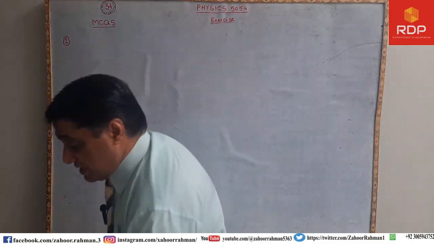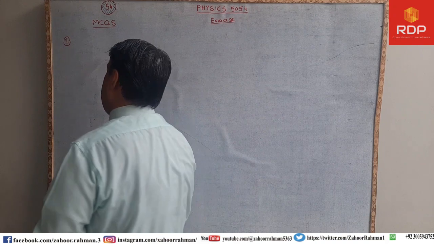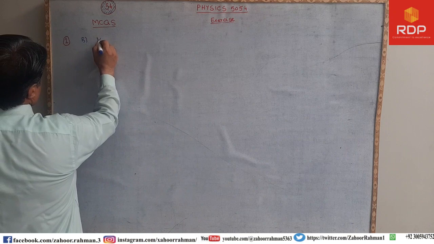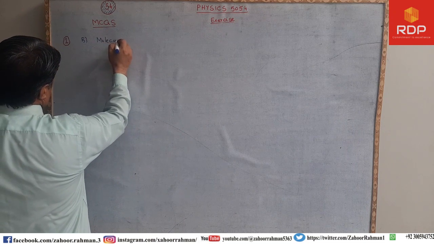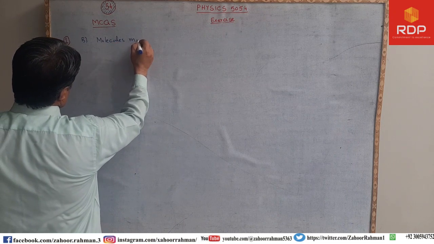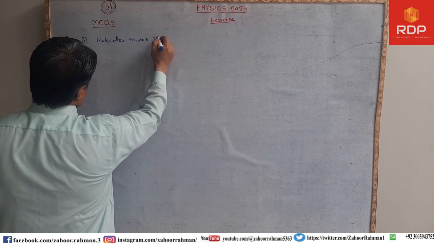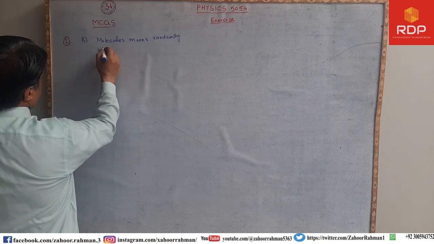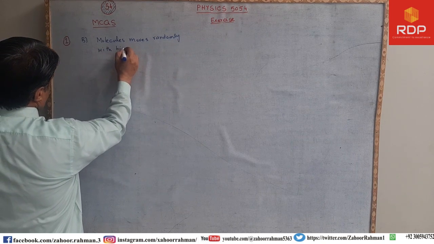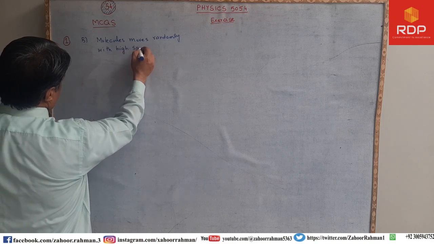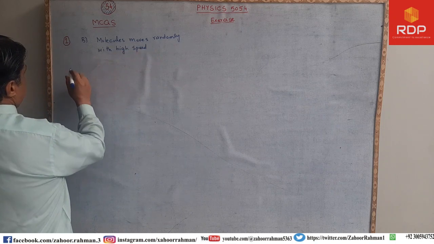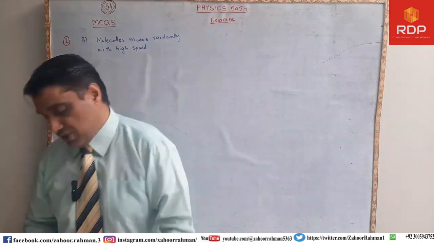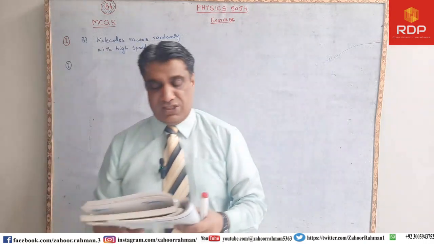So in this case, I am writing that B is the correct option. Molecules move randomly with high speed. So this is the phenomenon of Brownian motion. That was the whole story about the first question.